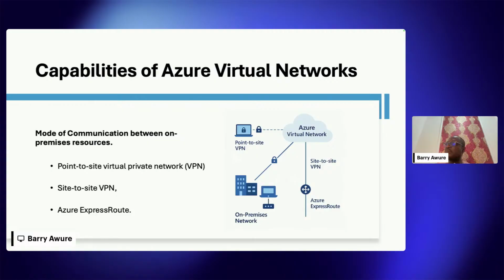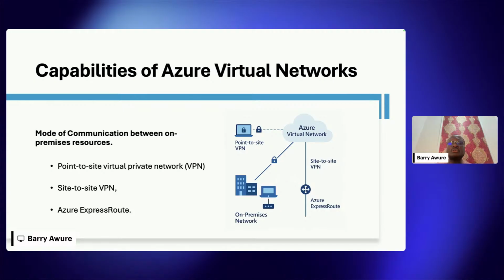Now, another capability of Azure Virtual Network is your ability to communicate with your resources on-prem, right? That you have your resources on-prem and then you have some of them also in the cloud. You don't need to be totally isolated, right?